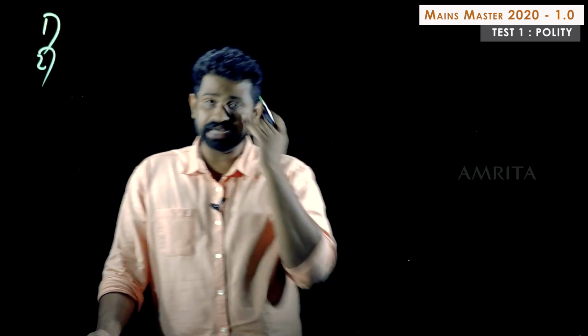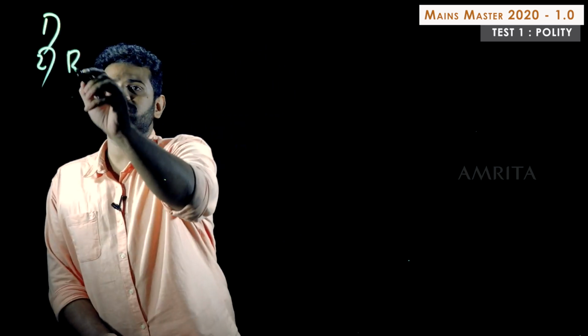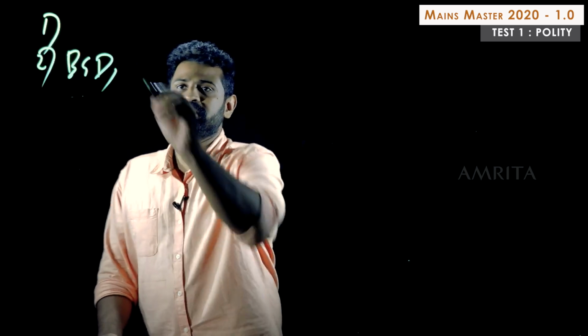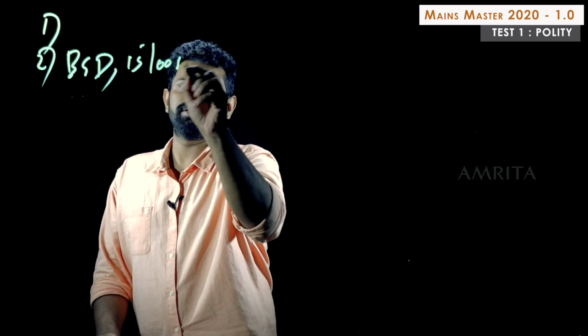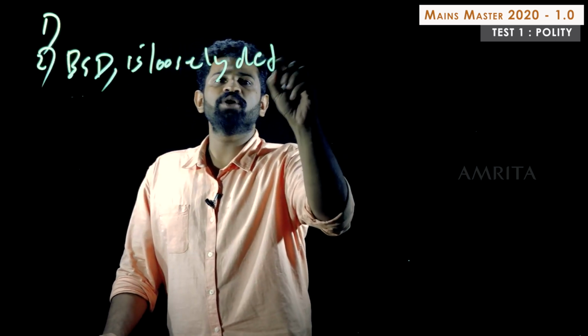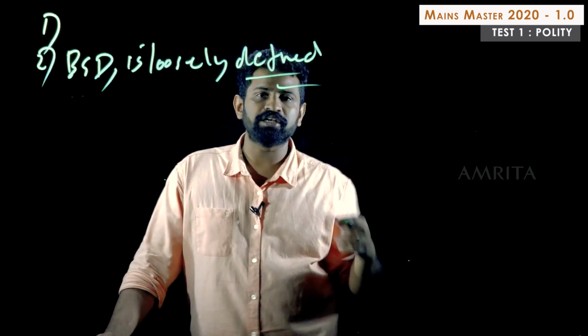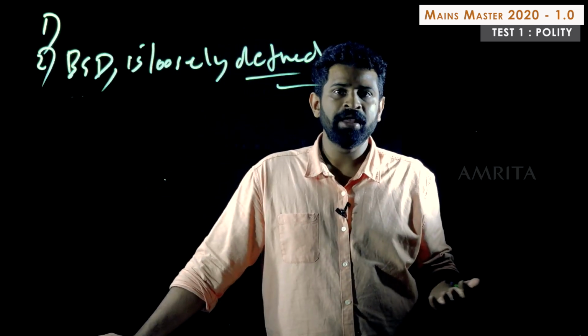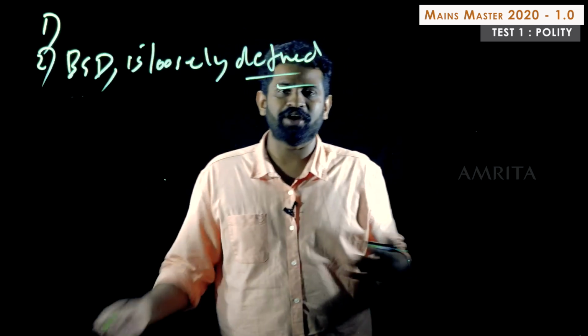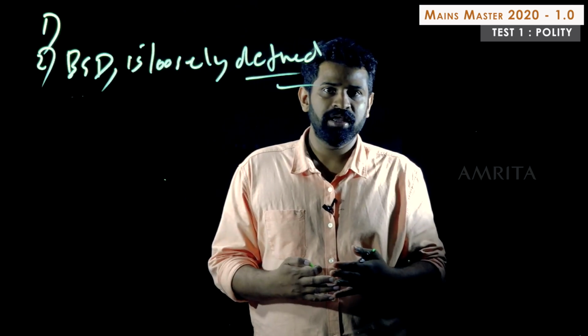So the second point is that the basic structure doctrine itself is loosely defined. Okay, so there is no clear definition of the idea of basic structure. The judiciary says that they would see it on a case-by-case basis, right?